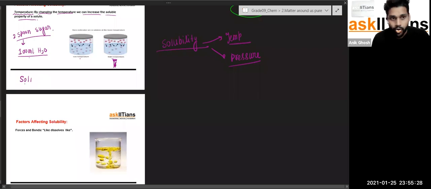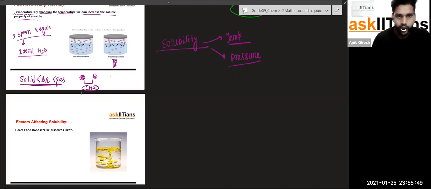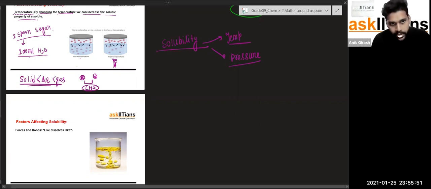So what is happening over here? If this is a molecule, the water molecule, that is the intermolecular space. So when I am putting a solute over there, the solute is coming. This is the solute.